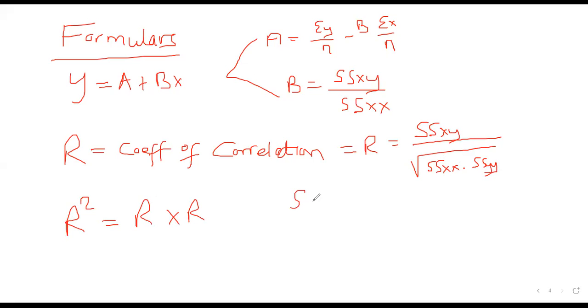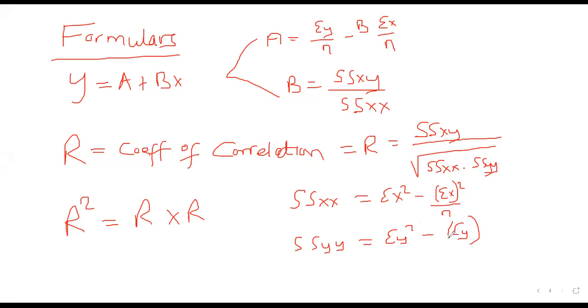These are called the variations in x. So summation of xx, just put an array of x's. Summation of x squared minus summation of x to the power 2 over n. Then summation of yy is equal to summation of y squared minus summation of y to the power 2 over n.